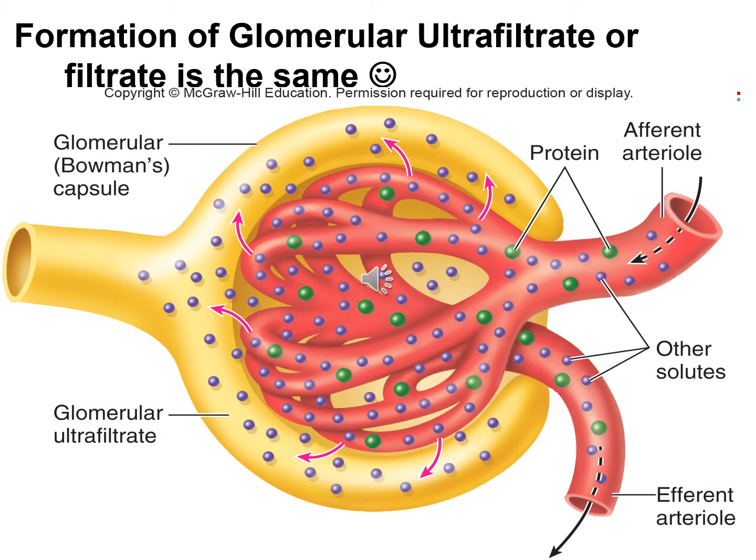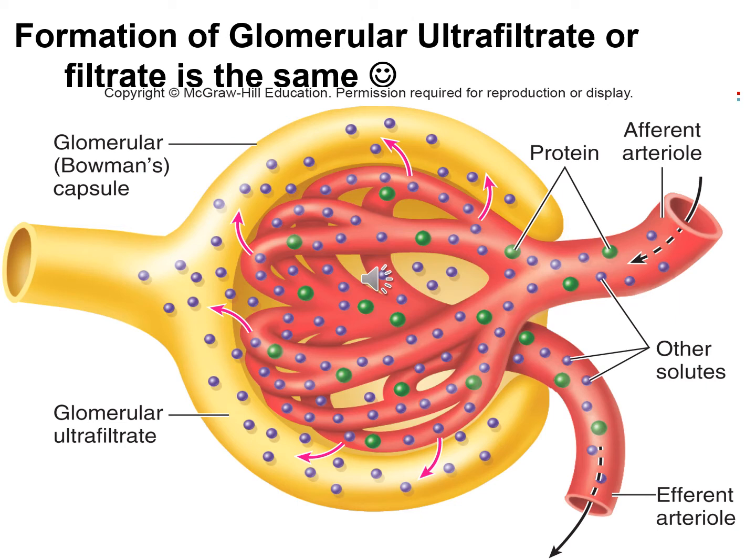Filtrate or ultrafiltrate is the same, they are synonyms, but the ones that are capable of escaping are based on size. You notice in this drawing that the ones that remain inside of the glomerulus are the little bits that are green in color, and these are probably the proteins.